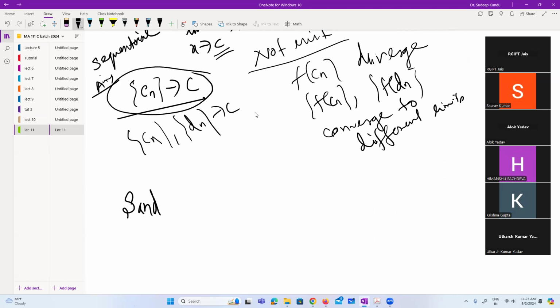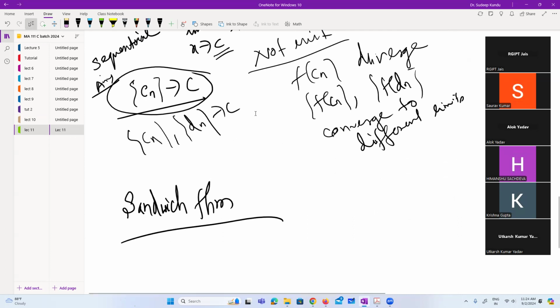Any doubt? Similarly, you have already seen the sandwich theorem, right? Suppose two sequences converge to the same limit, then if you take some sequence in between, its limit will also converge to the same value. So how will we write it?